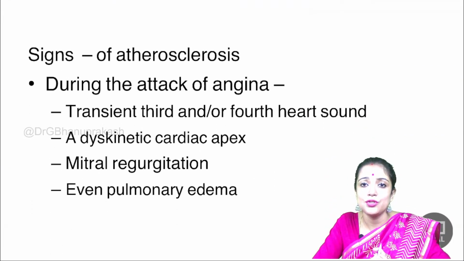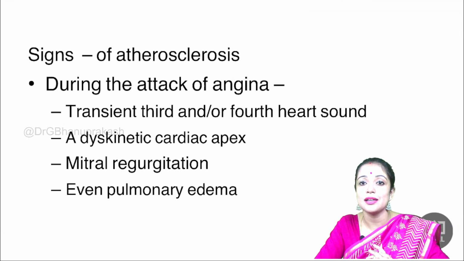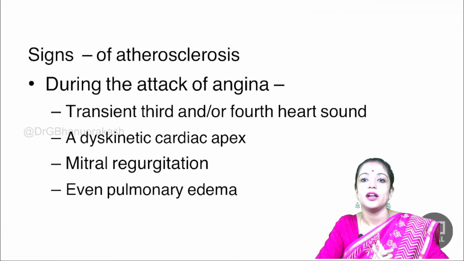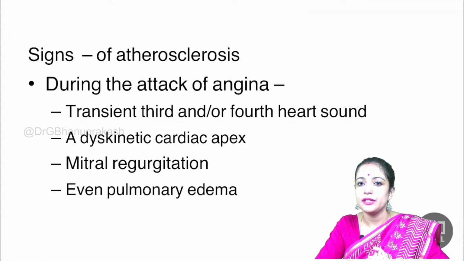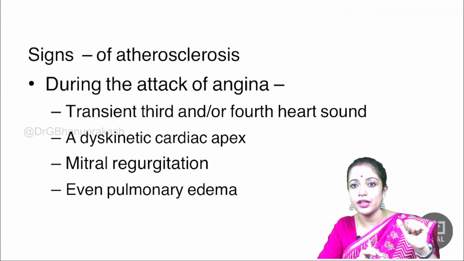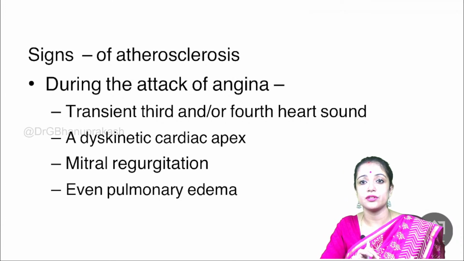Now, when we take history, other than all the typical clinical symptoms, we ask about the risk factors as well. As I have mentioned, there will be multiple risk factors in the patient, and we need to inquire about other atherosclerotic diseases, because whenever there is atherosclerosis in the coronary artery, it means that not only the coronary arteries get affected by atherosclerosis.